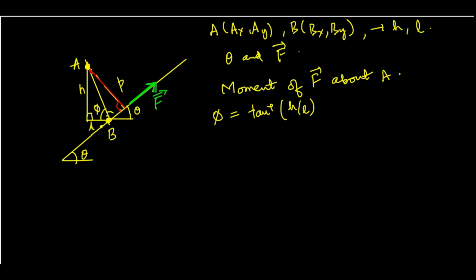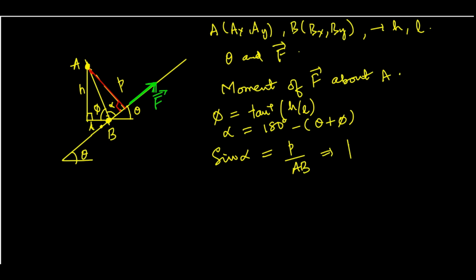So your remaining angle alpha is 180 minus theta plus phi. So once you know alpha, you can do sine alpha is P by AB.